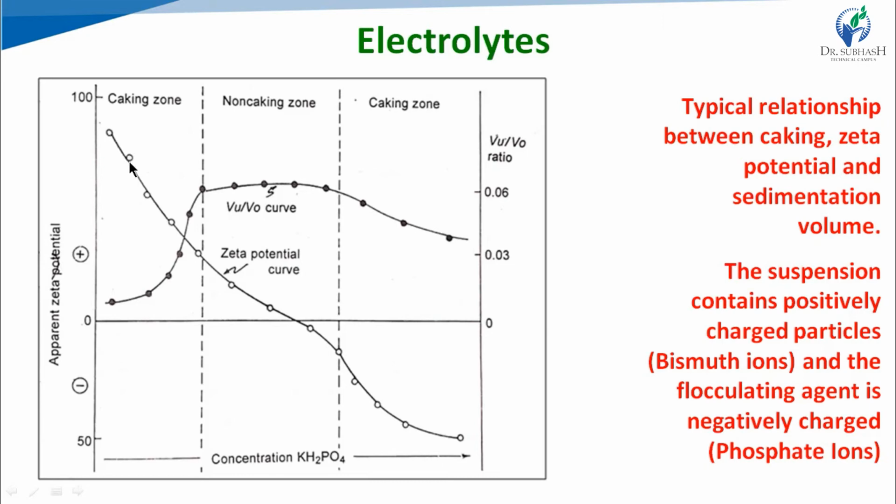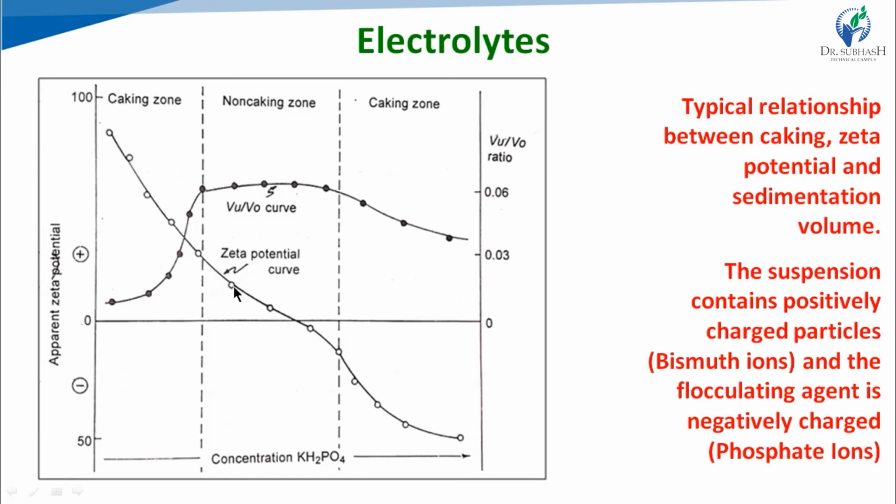Then we add a small amount of phosphate ion, so the zeta potential is reduced. Initially that was in the caking zone, then it comes into the non-caking zone, as the zeta potential has been reduced. That means attraction has been induced, and due to that flocs will be formed. Again I repeat, flocs mean the aggregation of the molecules. So here the flocs have been formed.